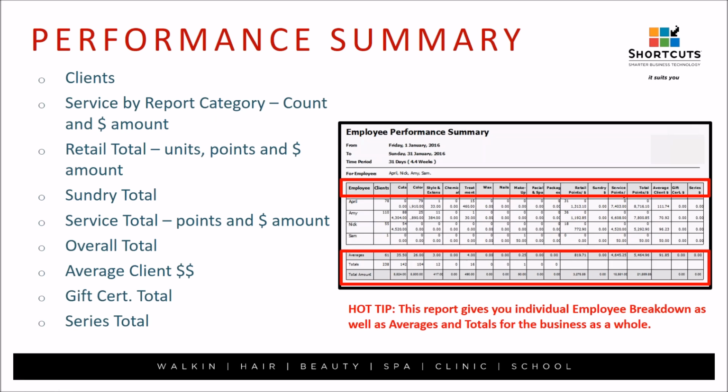What you'll be able to see there is the total value that the employee has brought in. The average client value is also a great one to look at, which is in the following column. So you're able to see what the average dollar value is that the clients are spending with that employee. Gift certificate totals as well, so if they've redeemed any gift certificates, and series.